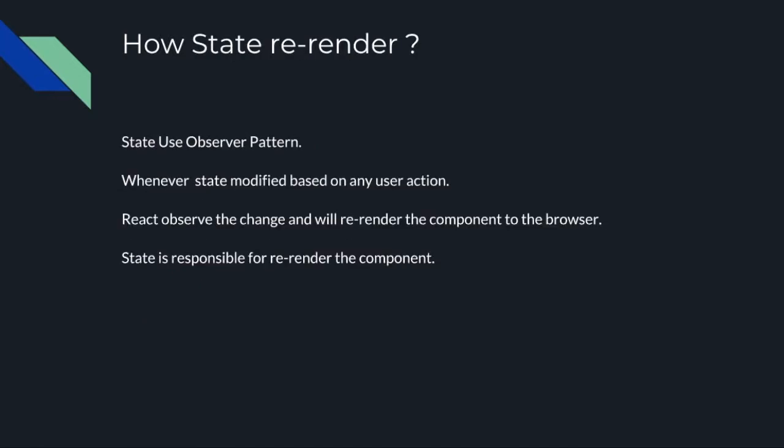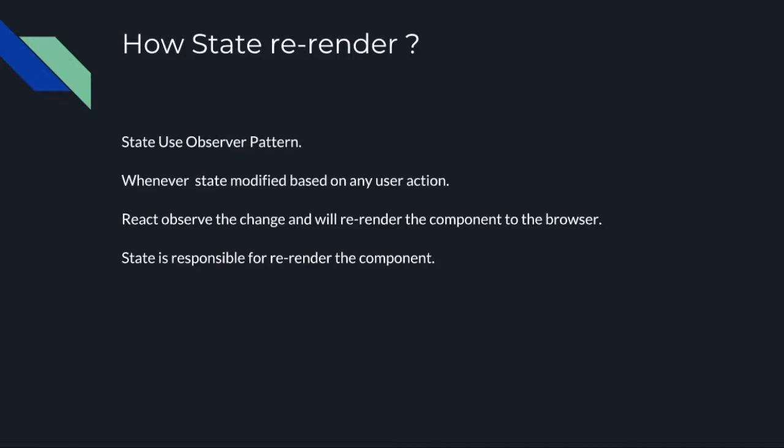How is state re-rendered? Whenever we talk about rendering, it means refreshing the browser. State always uses the observer pattern. Whenever state is modified based on any user action, maybe a click event, a change event, a drop down change, or maybe you are hitting an API, getting the response and displaying data in the browser, React always observes the changes and will re-render the component to the browser.